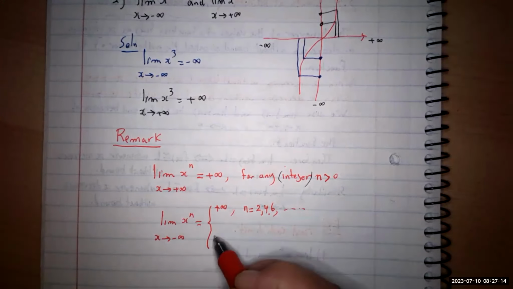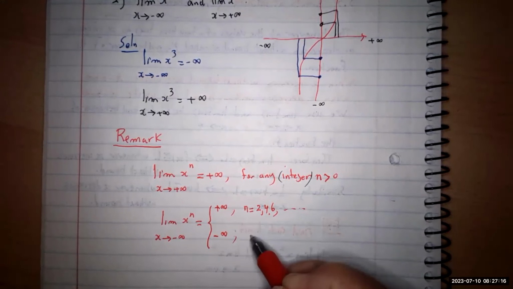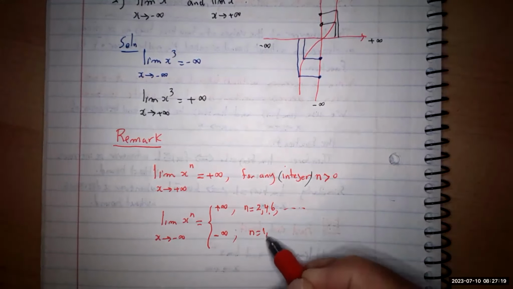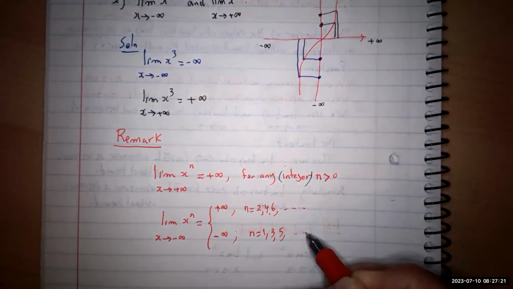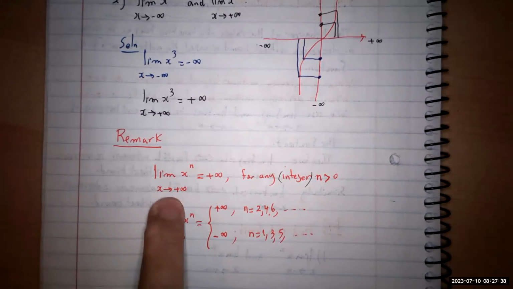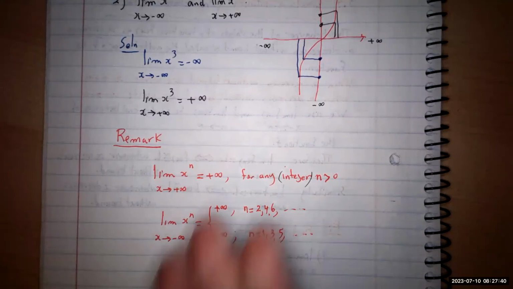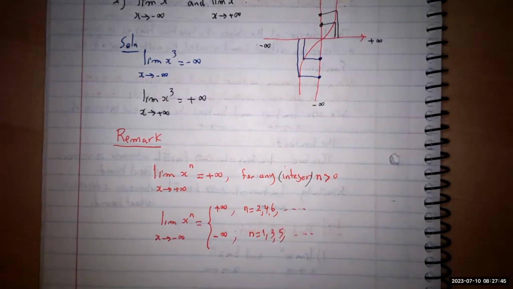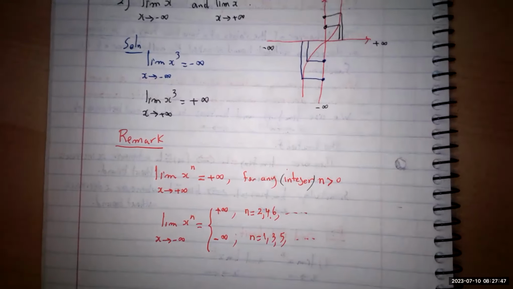So in that case, you get negative infinity when n is equal to 1, 3, 5, etc. So basically, with a power function, you're just focusing on the power. The result is infinity, and you have to determine the sign. If it's positive infinity, nothing to worry about because the result's positive, but it can be negative infinity. As you can see, it depends on the power n to be able to take care of it.